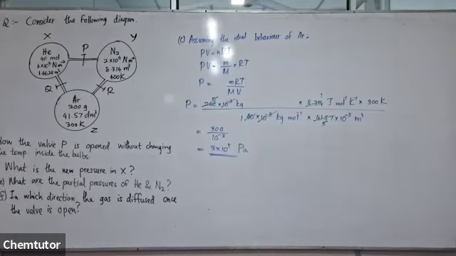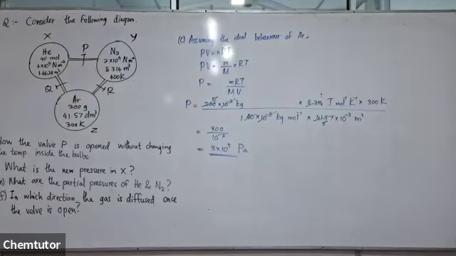So the total volume is increased. Then what will happen to the pressure? We don't know whether it increases or decreases. Anyhow, the pressure will be changed. Then, does the number of gas moles change? No, it's fixed. Helium is there, nitrogen is there. Those values are fixed. If so, what are the only changes that take place? Pressure and volume.